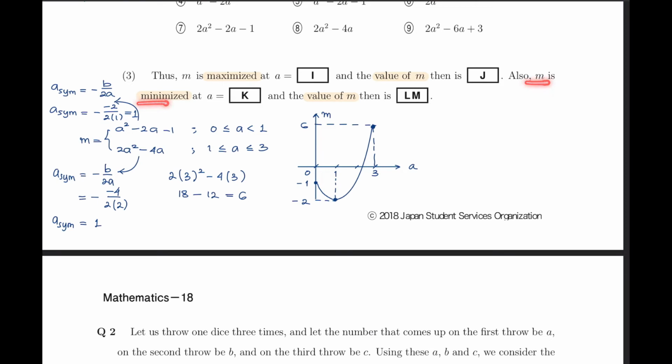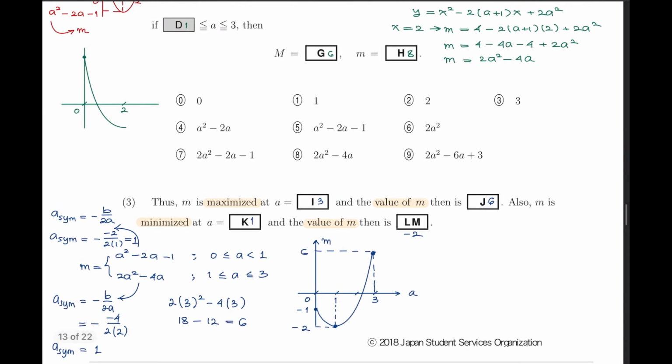So m is minimized when a equals 1, and the value of m then is negative 2. And then the maximum value of m is when a equals 3, and the value of m then is equal to 6. This is the answer of the first question.